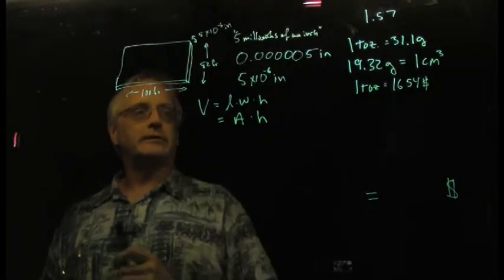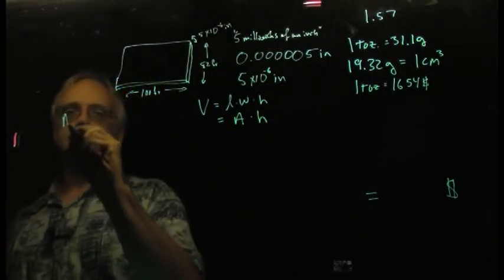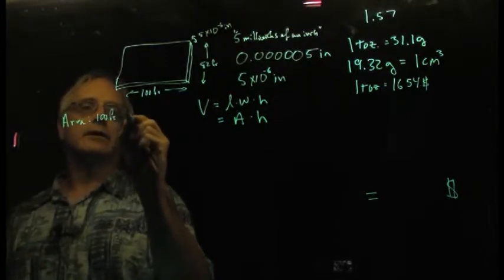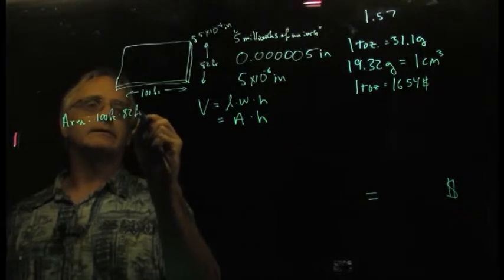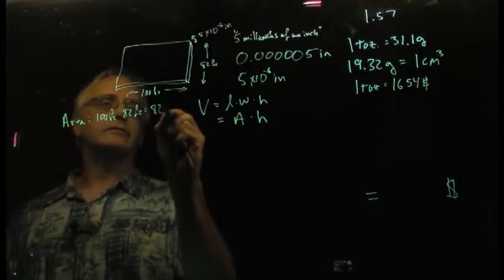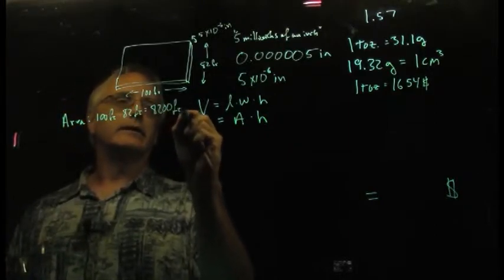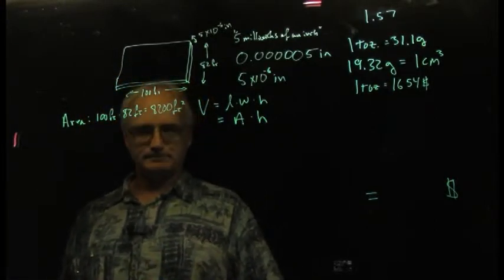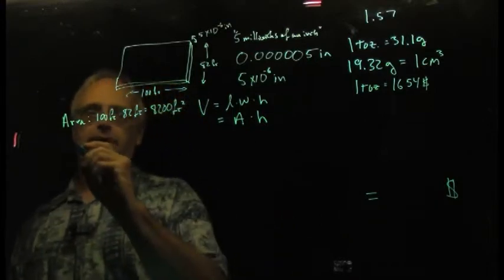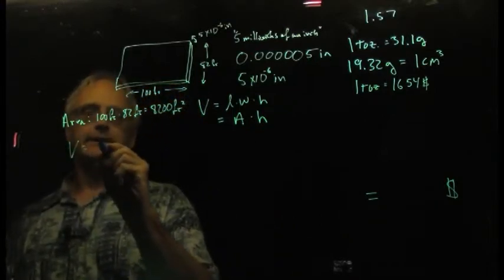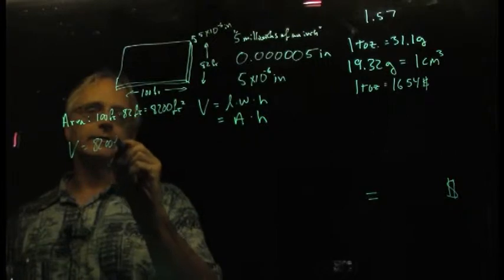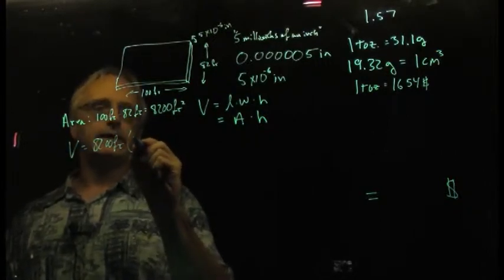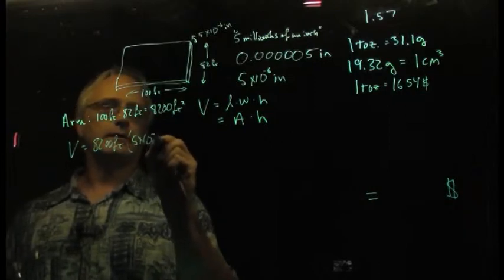So, first, the area is simply 100 feet by 82 feet, or 8,200 square feet. Pretty straightforward there. The volume of this thing is nothing more than the area, 8,200 square feet, times the height. Now I am going to write it in just a moment.